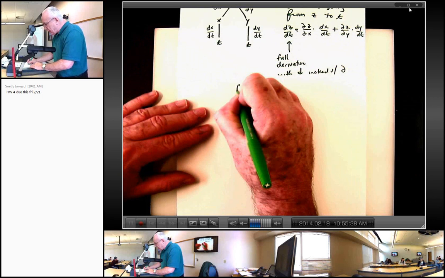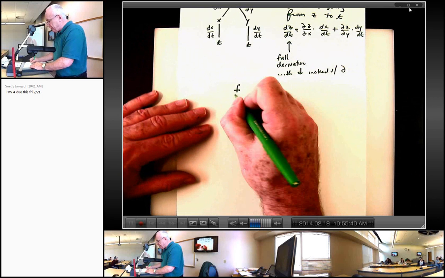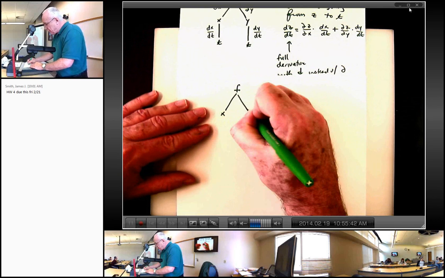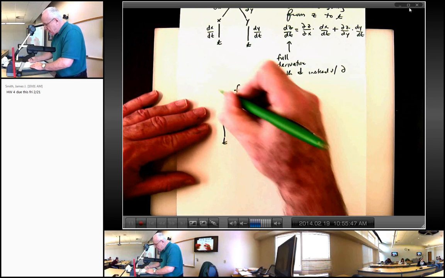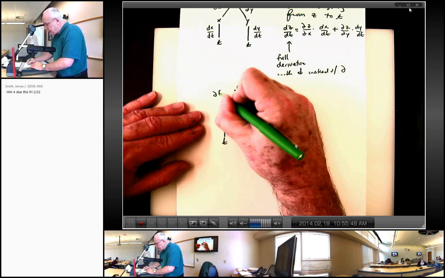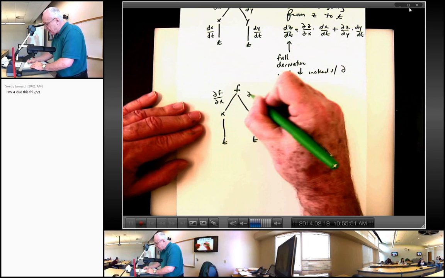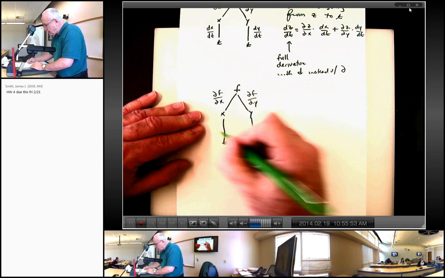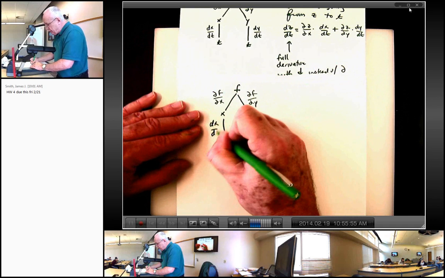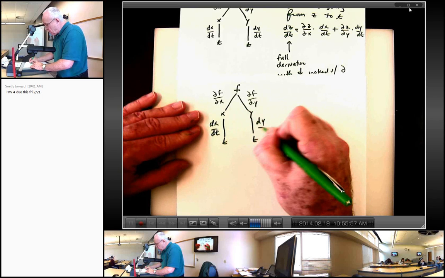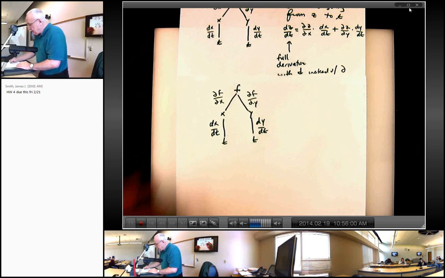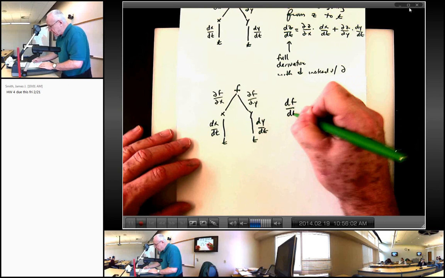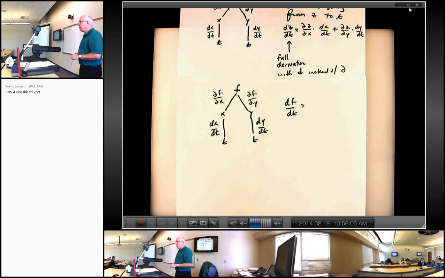So this diagram could also have been written with f at the top, a function of x and y, t and t, and then this branch would have been partial f partial x, partial f partial y, and this would still be dx dt, dy dt. And I could have then gotten df dt similarly. Okay? All right.